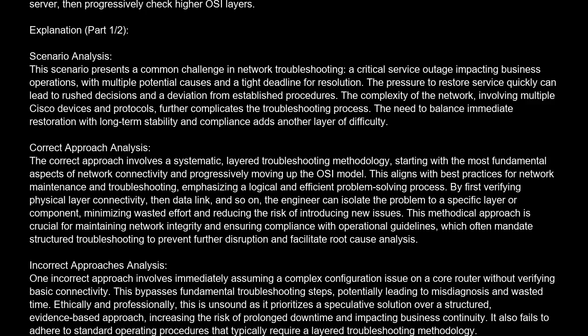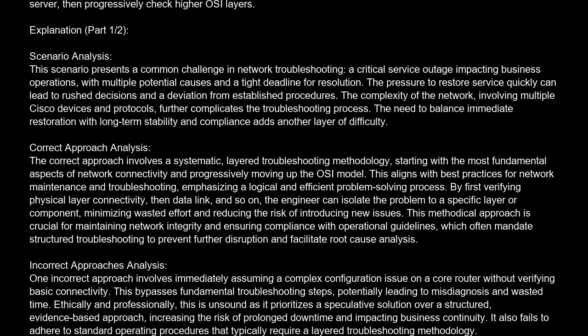By first verifying physical layer connectivity, then data link, and so on, the engineer can isolate the problem to a specific layer or component, minimizing wasted effort and reducing the risk of introducing new issues. This methodical approach is crucial for maintaining network integrity and ensuring compliance with operational guidelines, which often mandate structured troubleshooting to prevent further disruption and facilitate root cause analysis.